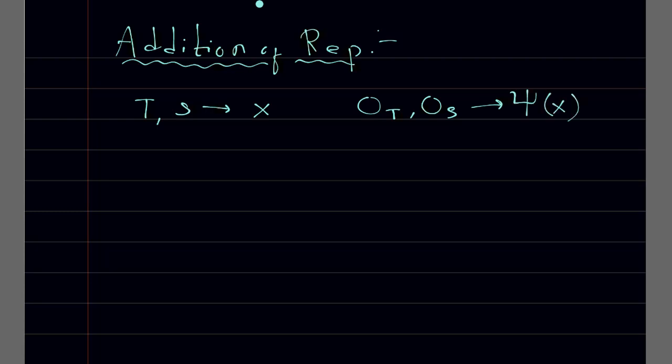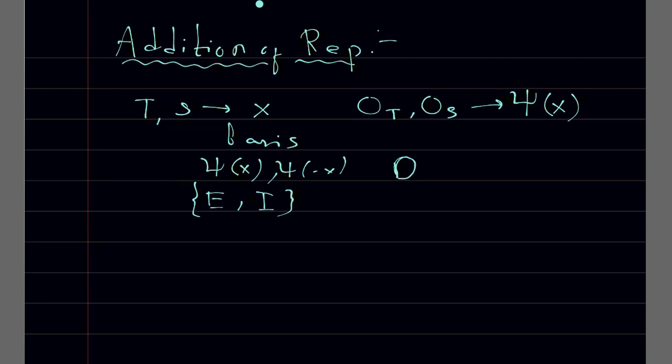If you take a basis, for example, remember we took a basis like psi of x and psi of minus x when we chose to work with E and I, then you can always find a matrix representation of these elements based on the basis.